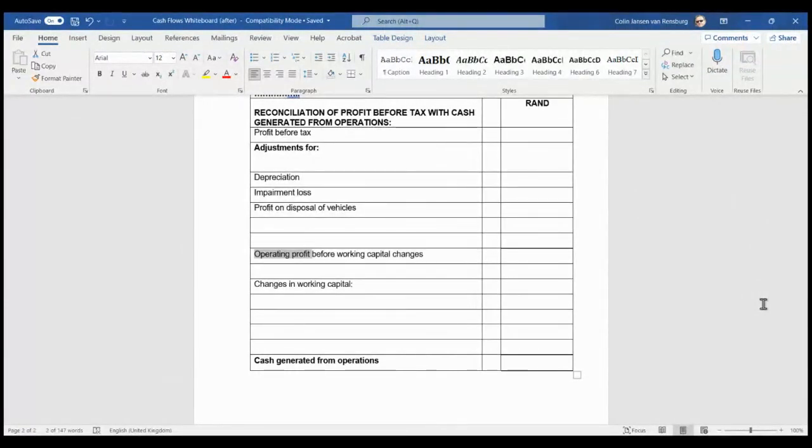How do we do that, ladies and gentlemen? By eliminating the effect of the accrual system. That is what is meant by before working capital changes, and then we've got changes in working capital. I guess the first thing that we have to understand here is what is meant by working capital.